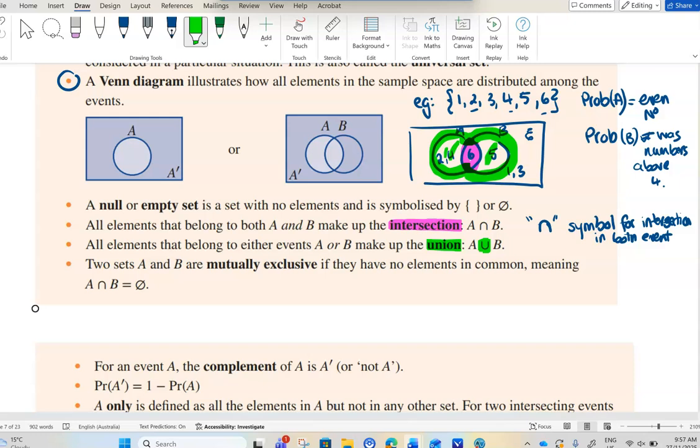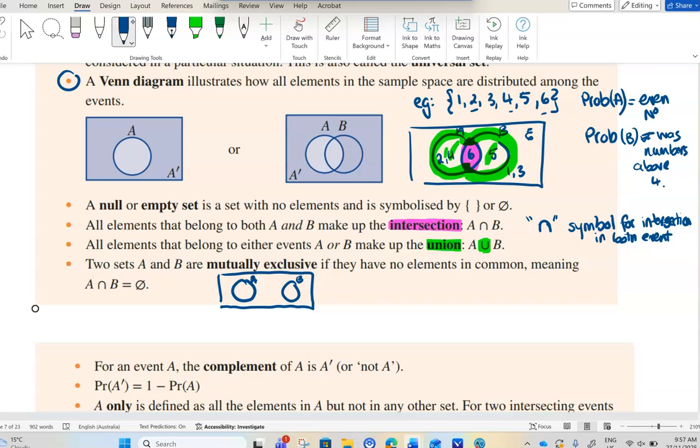If two sets are mutually exclusive, what does exclusive mean? Only one. So if they're mutually exclusive, they have no elements in common. Let's draw a diagram underneath. This would be A and this would be B, and none of them would be interacting. That's what mutually exclusive means.